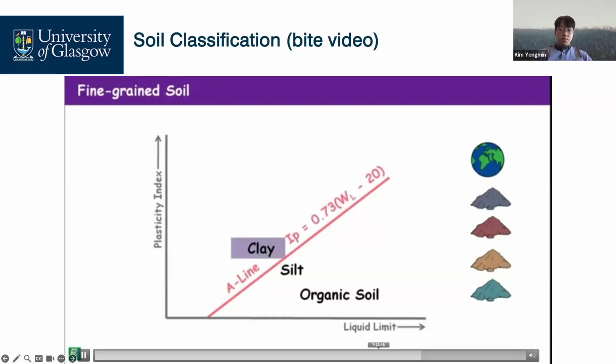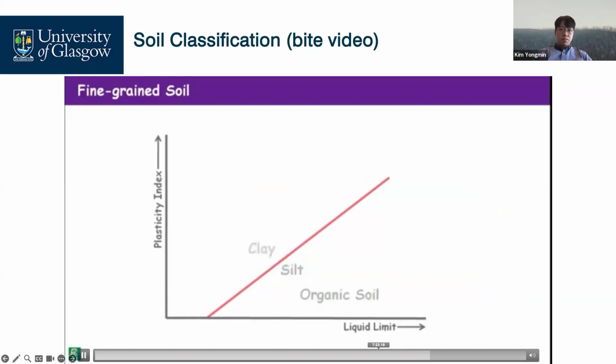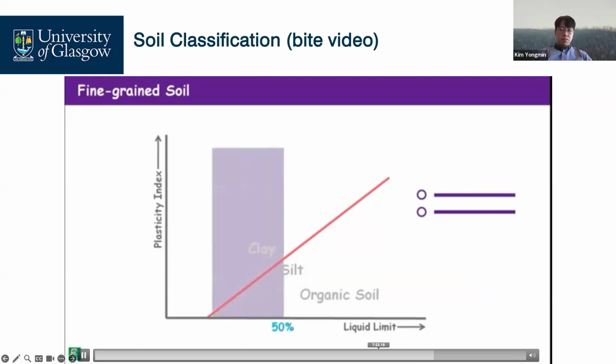Clay soils sit above the A-line as they have a high value of plasticity index because of the clay minerals present in them, whereas the silts and organic soils lie below this A-line. The unified system classifies fine-grained soils in two categories, as soils having liquid limit less than 50% and soils having liquid limit greater than 50%.